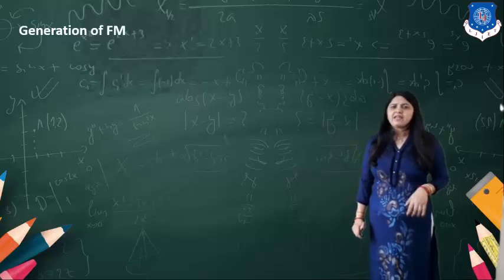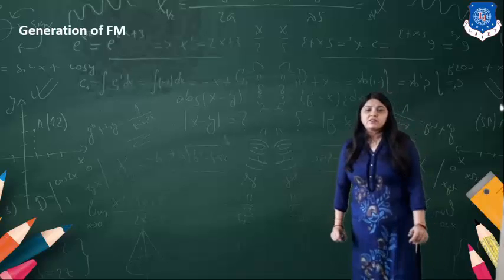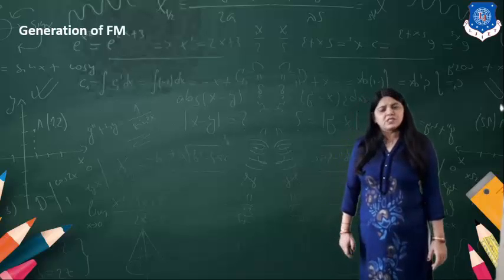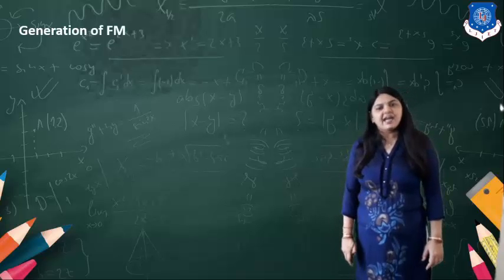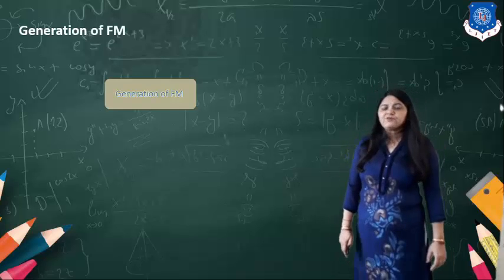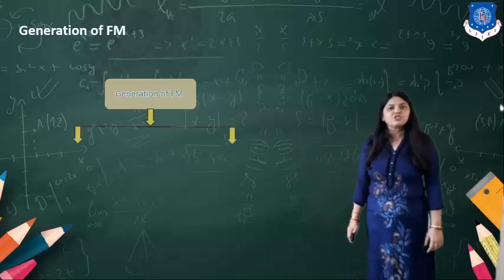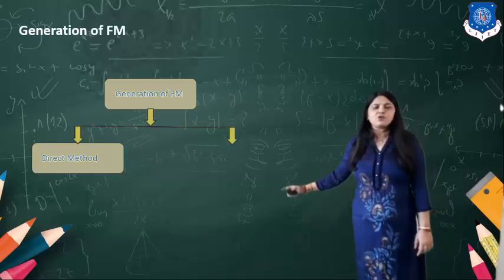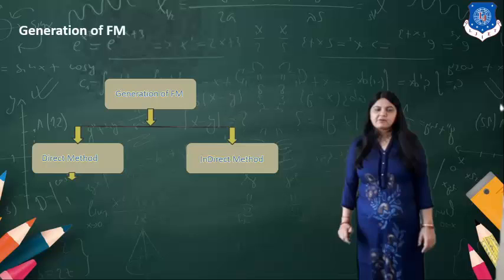Now the next topic for discussion is how to generate this FM wave. There are two different ways to generate the FM signal. The methods for generation of FM are classified into two categories: one is known as the direct method, the other is the indirect method.